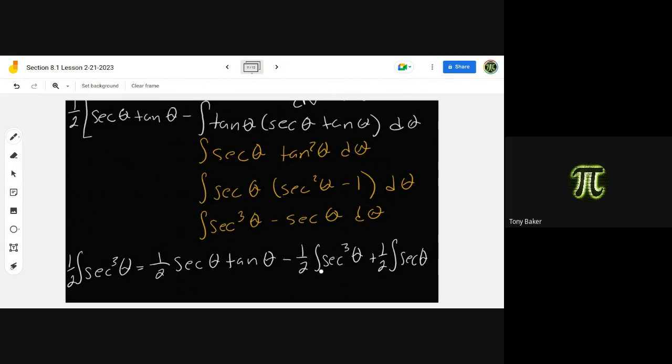All right, so if I add this one over, the 1/2 secant to the third theta over to there, that just becomes, huh? It's just 1.